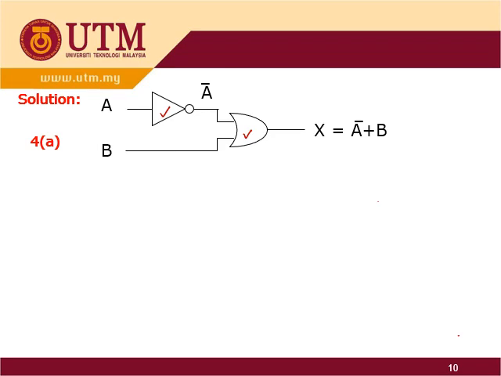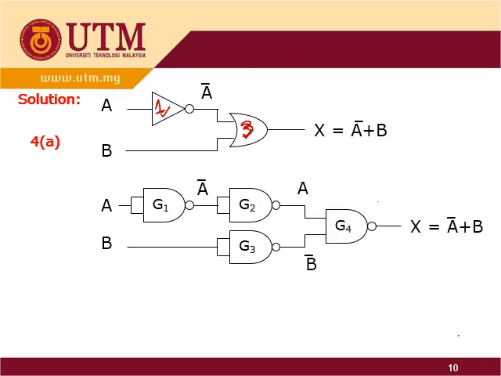So, how many gates for NOT? 1, you need 1. And OR gate is cousin with NAND, so you need 3. Okay, so convert it. G1 for NOT. And for OR, you need 3 gates: 1, 2, 3. So you convert it.